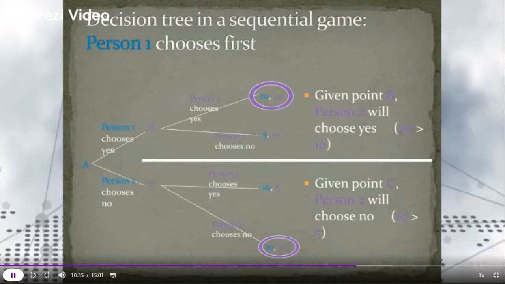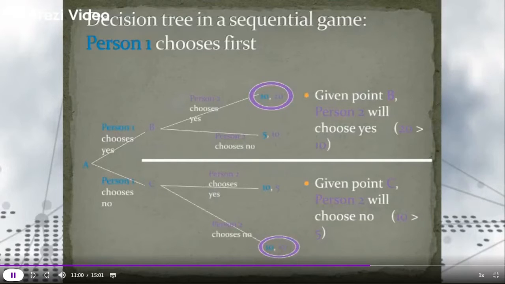Person 1, before making a move, calculates in his mind what person 2 is going to choose, and after person 2 makes that particular move, what he is going to get is evident to person 1. So from there he will do a back calculation and choose the strategy which suits person 1 the best.